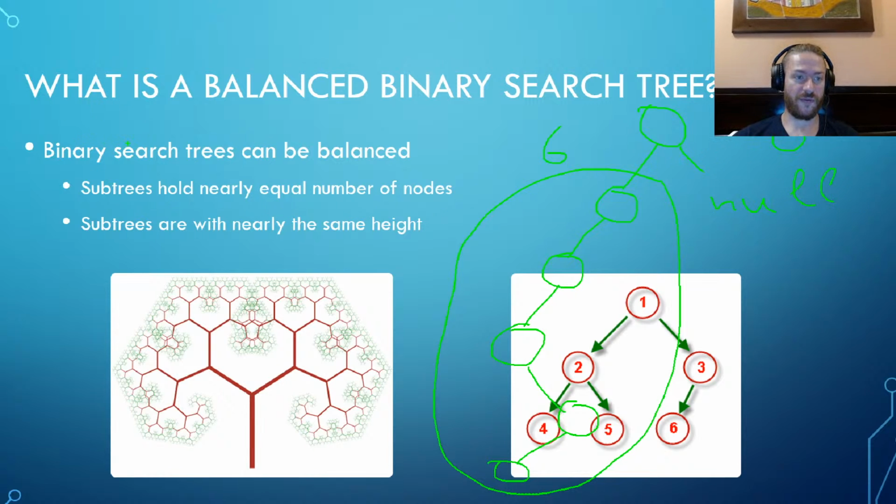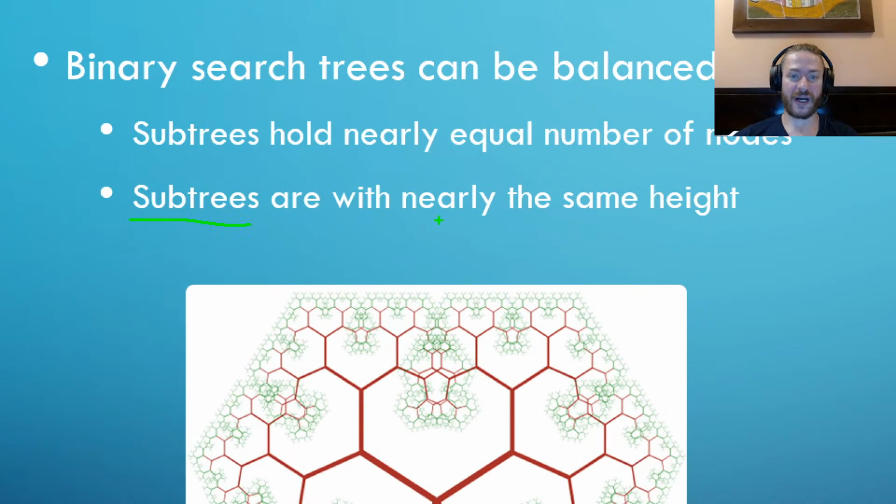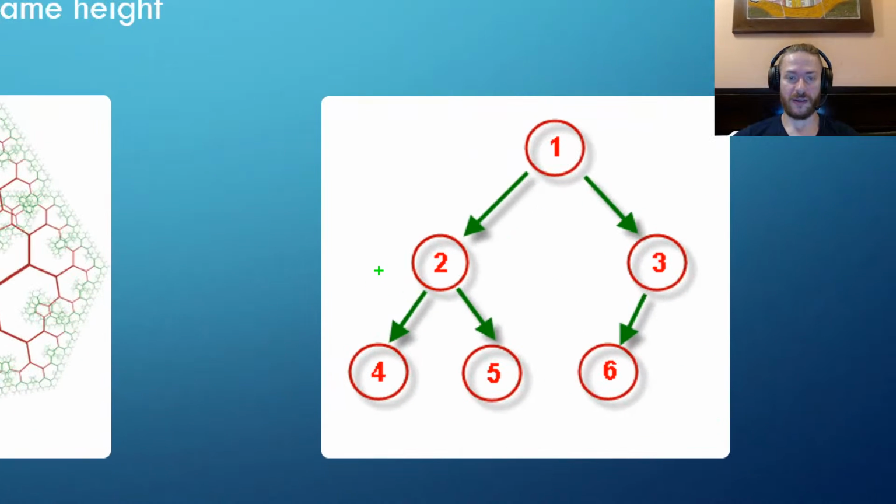So in terms of balance, this tree is not balanced because the left subtree has 6 elements and the right has 0.